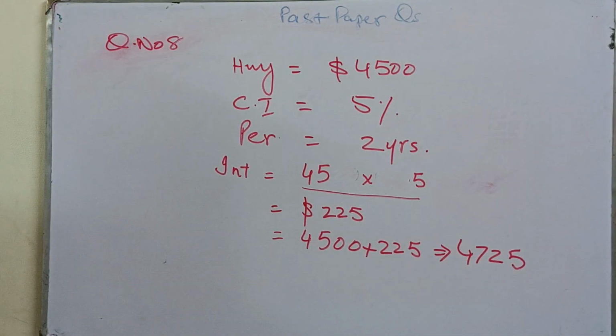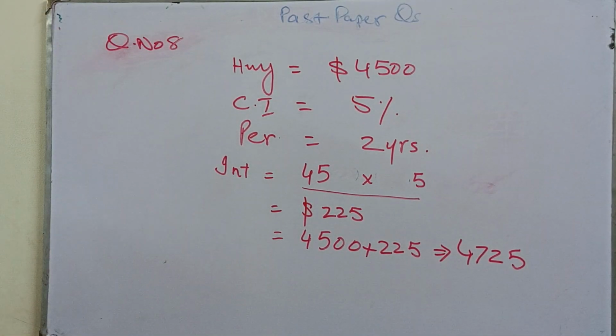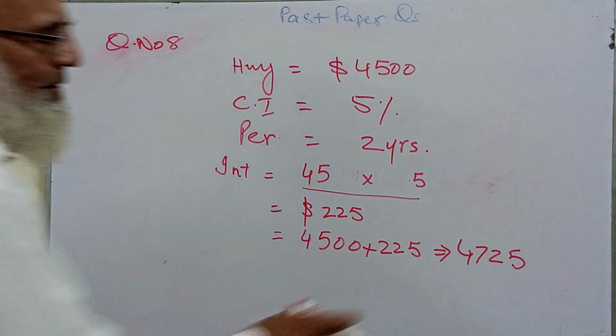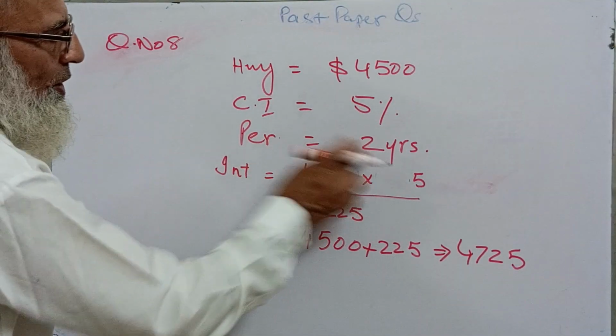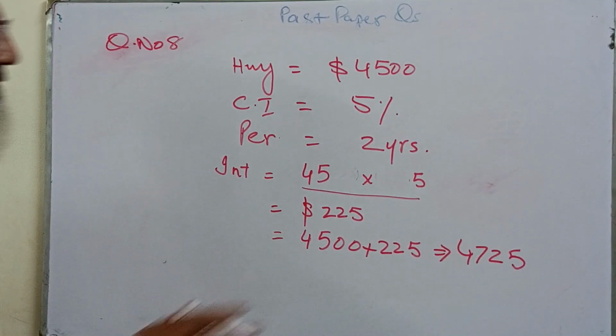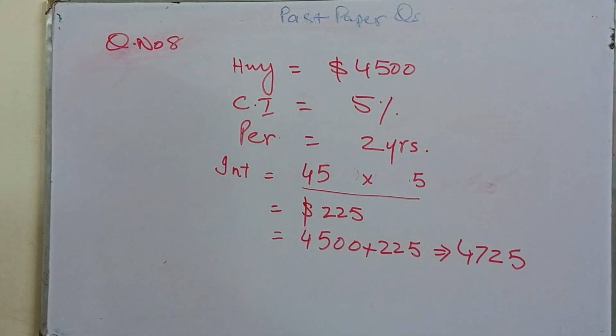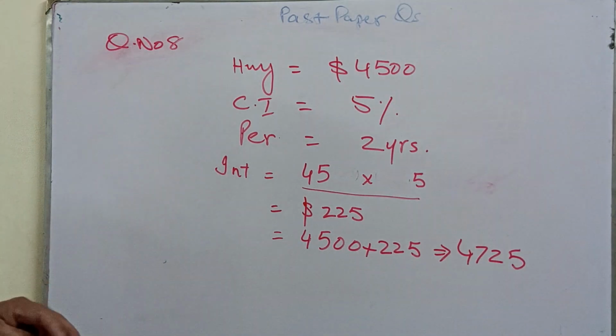$4725. Now, my dear students, this is the principal amount for the next coming year, and this is the last year because the period is only 2 years. For the second year the principal amount has become this. Now we can get three answers from here.